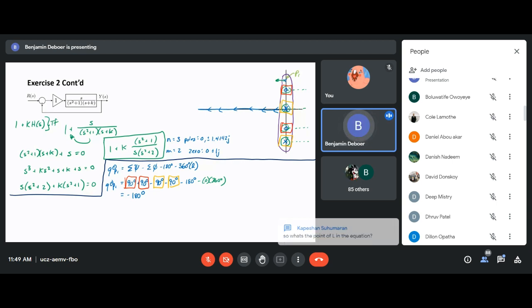So to answer the question that's in the chat, the purpose of L is essentially to map the angle between negative 360 and 360, because you potentially could have this value as, say, 1200 instead of something in the range of negative 360 to 360. So essentially all you're doing is taking away factors of 360 until you get a value that you can easily plot on the root loci.